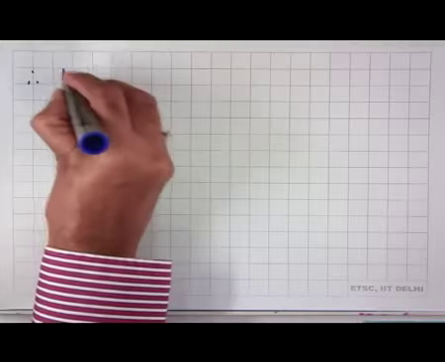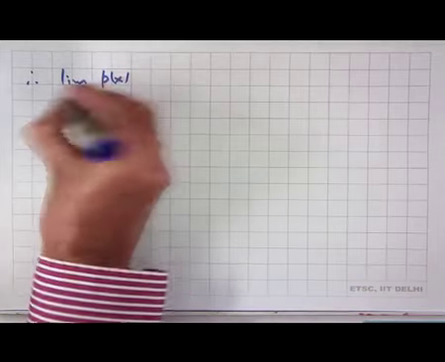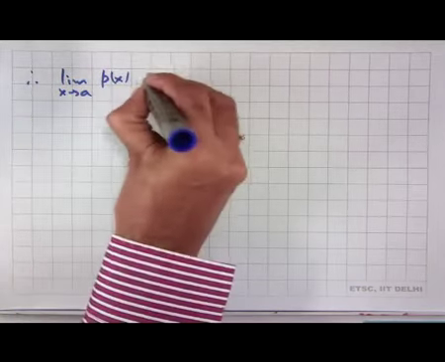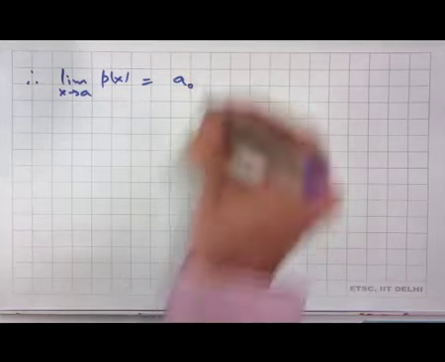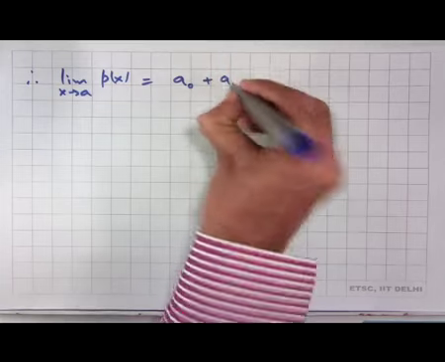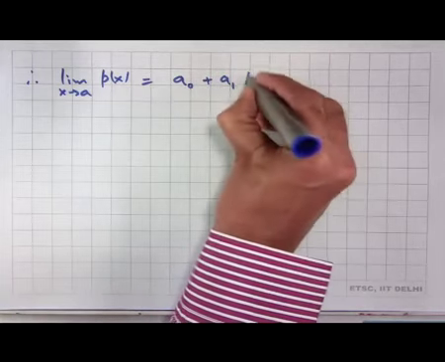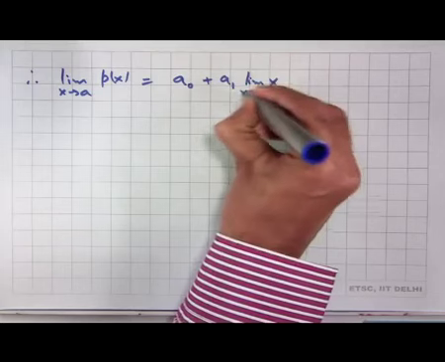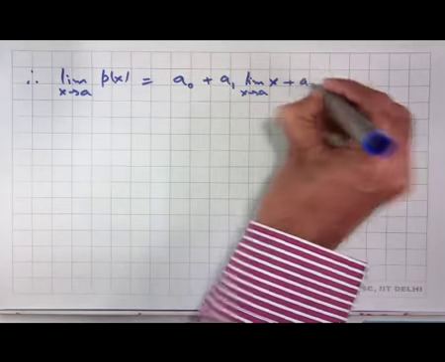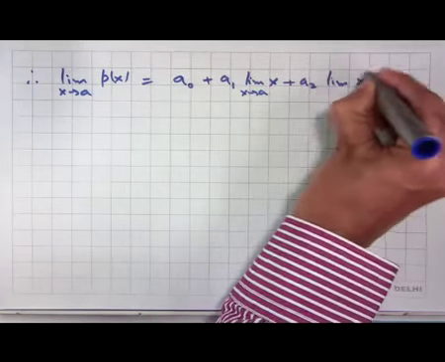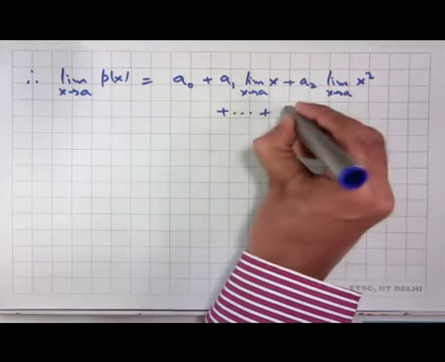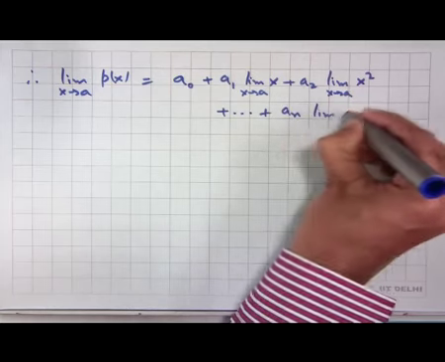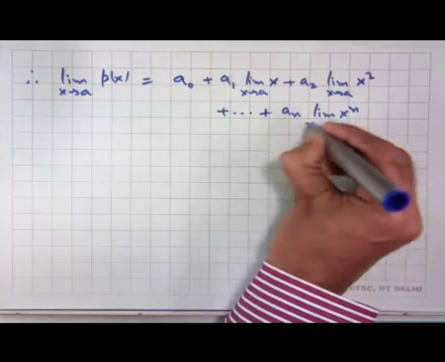So, the limit of p of x as x goes to a is equal to a 0 plus a 1 times the limit of x as x goes to a, plus a 2 times the limit of x square as x goes to a, and so on up to a n times the limit of x to the n as x goes to a.